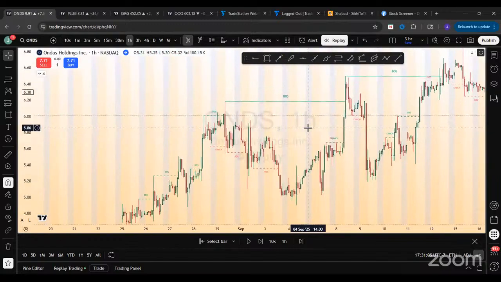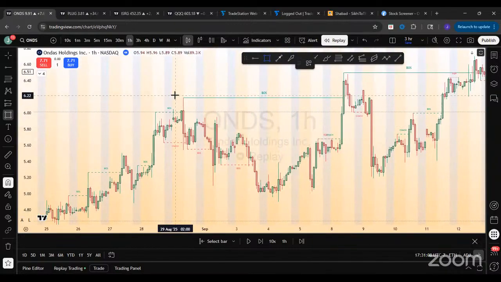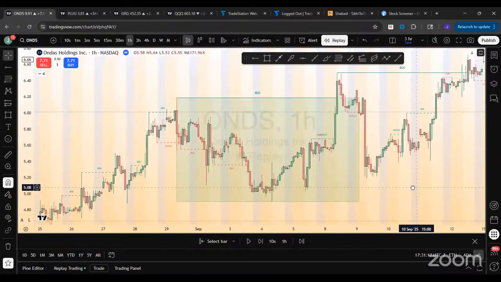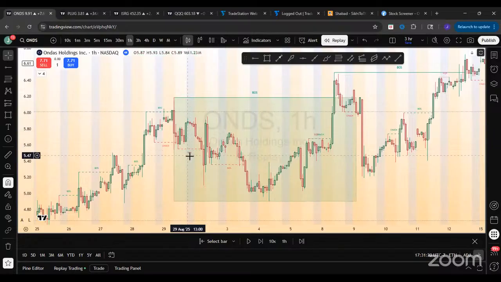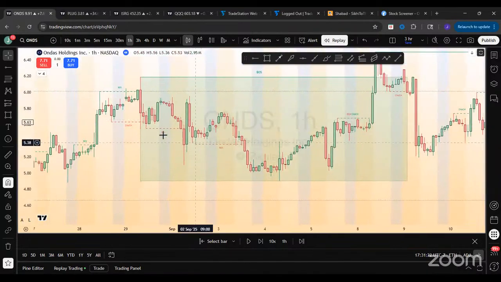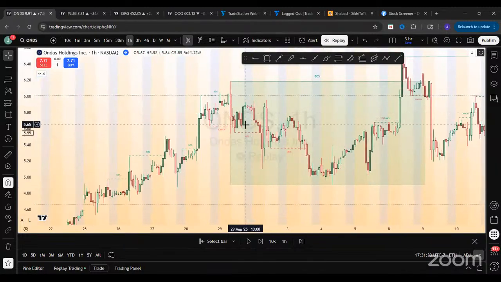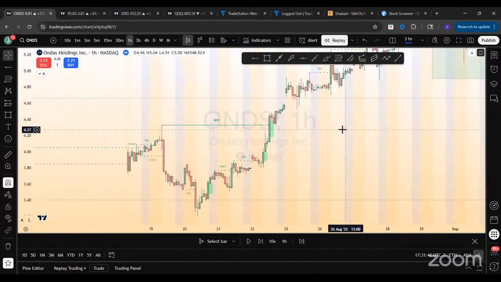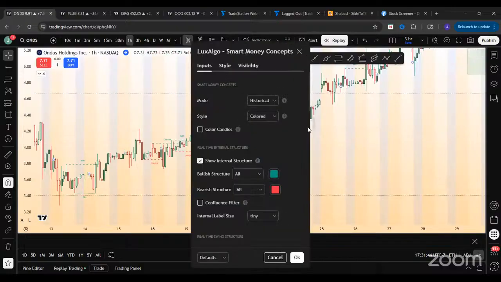Now, if you just focus here, you will see there is a BOS also with a dotted line. This is a local structure, a local breakout structure. Let's go back in the past before this local breakout structure came, right about here. Let me see, why is this green?